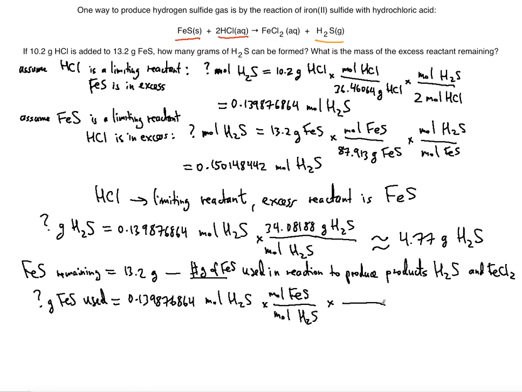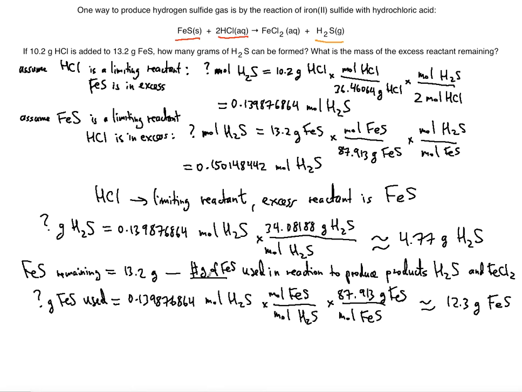Now 1 mole of FeS takes 87, as noted, where is it? Here. 87.913 grams of FeS, and that will give you the answer. Rounding to 3 significant figures using your calculator, you will get this: 12.3 grams of FeS. So this is the number of grams of FeS that was used in the production of the products.